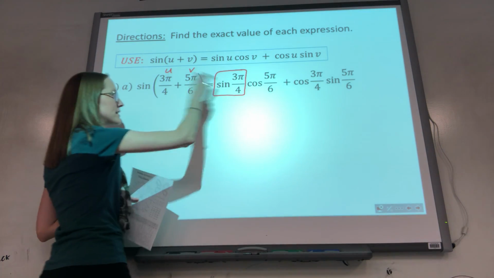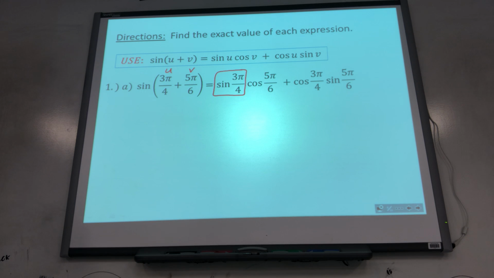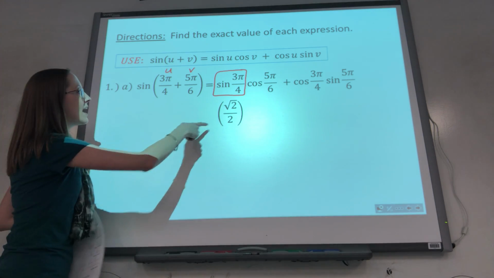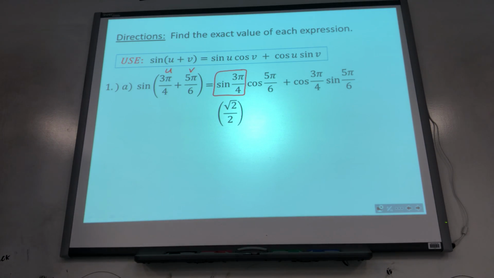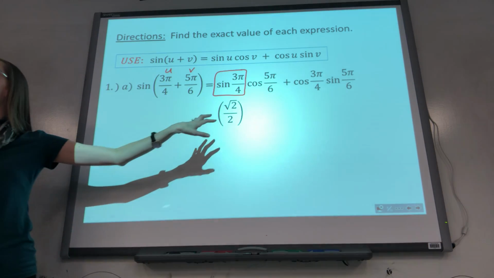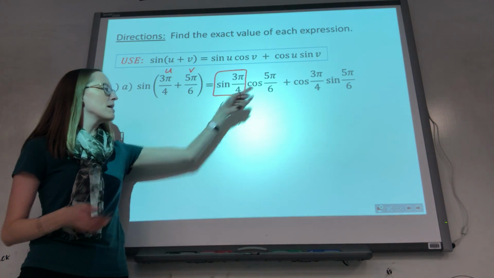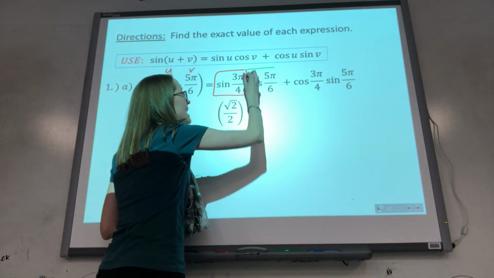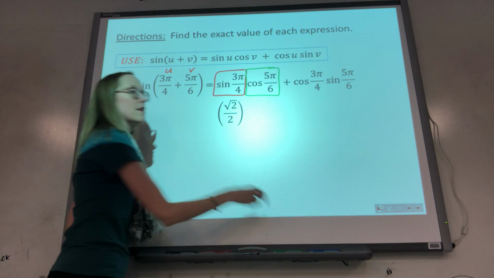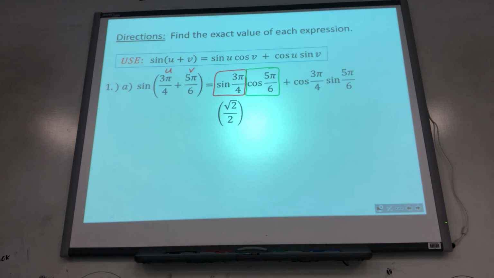Let's start with this one. Sine of 3 pi over 4. I'm going to look at the sine row. I'm going to look for the 3 pi over 4. I'm going to make my fingers meet in the middle. Sine of 3 pi over 4 should be radical 2 over 2. Notice I put it in parentheses because it's going to get multiplied by this next part, which I'm also going to find on handy dandy.